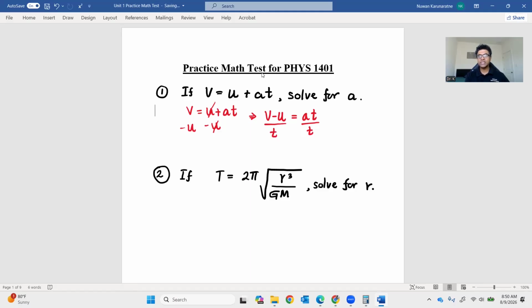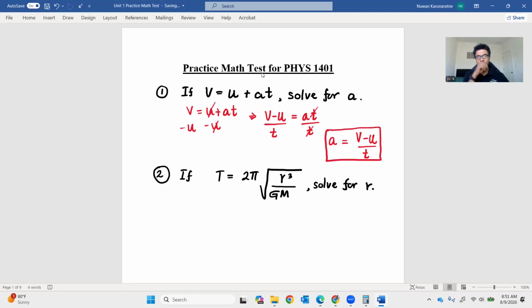Now can you see on the right-hand side, T in the numerator and T in the denominator cancel out? Okay, so then I have A on one side. So now I have my solution. A is equal to V minus U over T. So that's the answer for the first question.